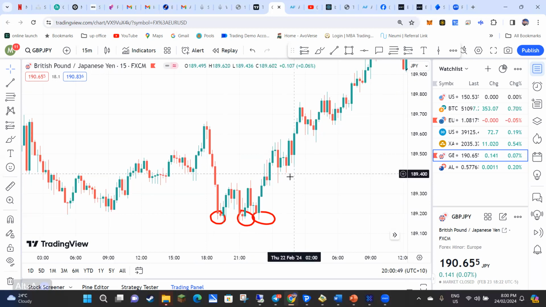I like that other one. This could have been that other double bottom scenario we had where we had the trade and where I explained where the stop loss went. If this had been that, we might have placed our trade here and our stop loss here. But if we'd have seen this coming down and closed our trade and taken a loss, then it would have almost hit our stop loss, but not quite, and then gone all the way up.